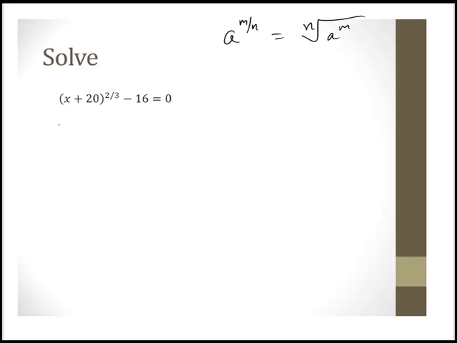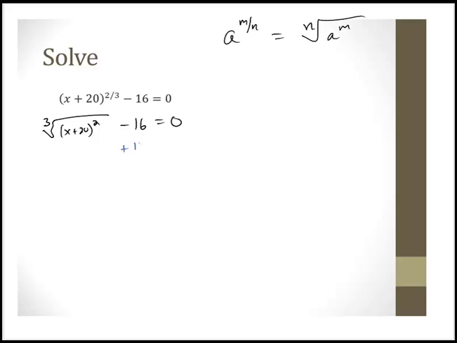So if I rewrite this, then I have x plus 20 to the 2/3 power, that's the same as the cube root of x plus 20 squared minus 16 is 0. And this is a radical equation.